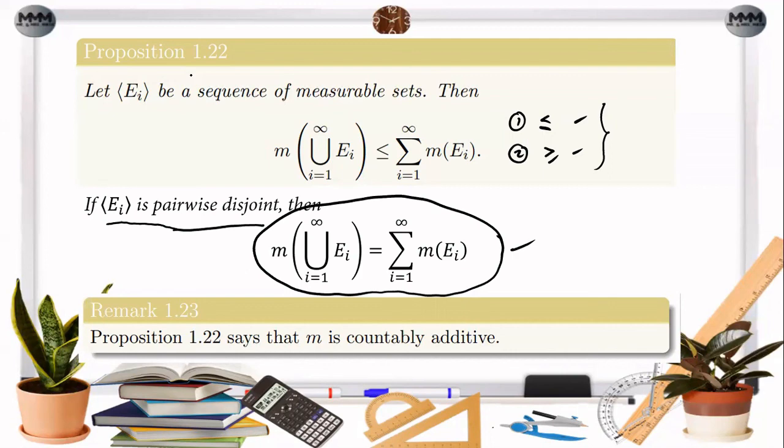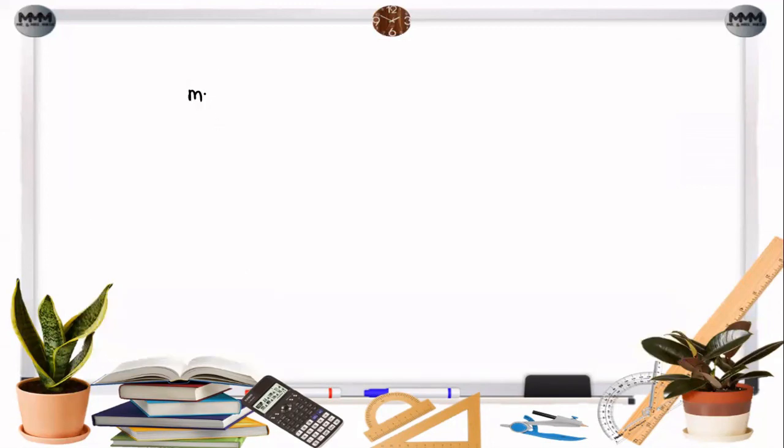Before I end this video, please note that the Lebesgue measure m is the function obtained from the Lebesgue outer measure m star.